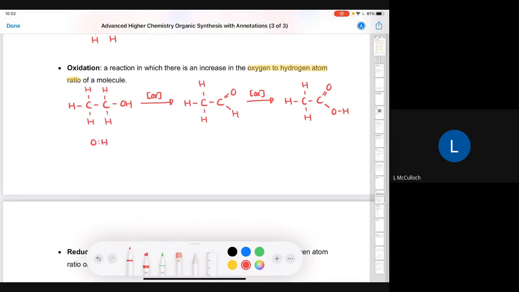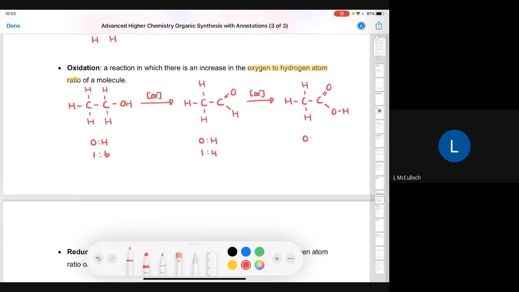In our alcohol, there's 1 oxygen to 6 hydrogens. In our aldehyde, after the oxidation has taken place, there's 1 oxygen to 4 hydrogens. So you can see the amount of oxygens to hydrogens has increased. That's a key indicator of an oxidation reaction.